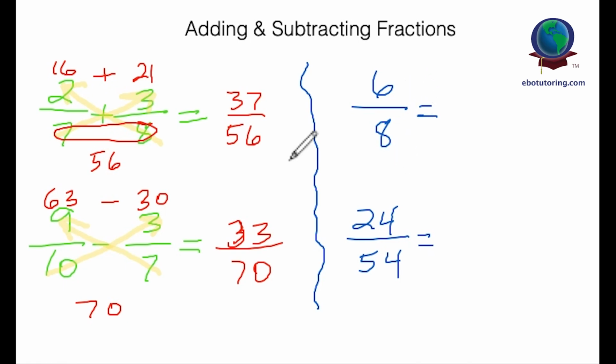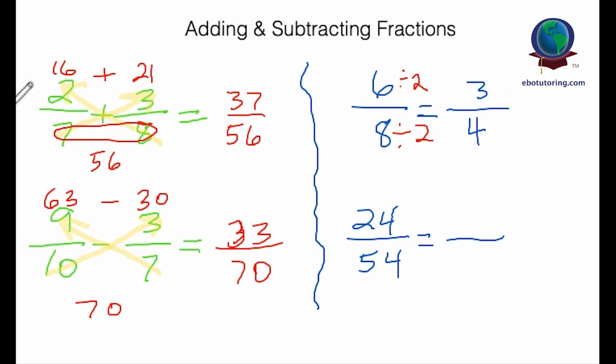Well, 6 and 8 are both part of the 2 times tables. So we're able to divide both of them by 2. So I'm going to do 6 divided by 2 and 8 divided by 2. What does that give me? Well, 6 divided by 2 is 3, and 8 divided by 2 is 4. 6/8 can be reduced to 3/4.